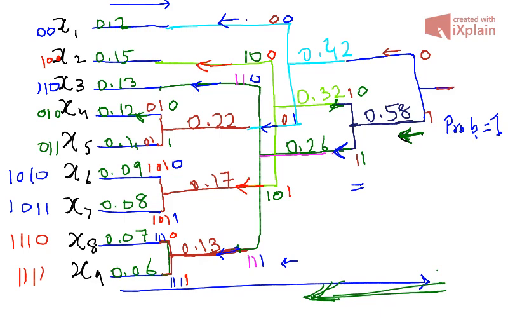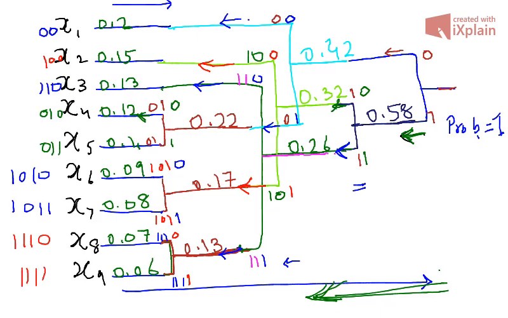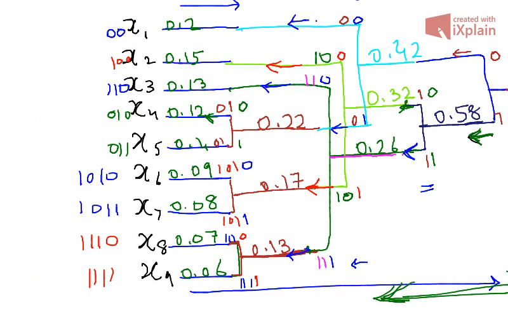Let me bring it here a little bit so that I have some space. We have a code word now. If you observe, we have a code word for x1, which is the most frequently occurring alphabet, and it has a 2-bit code, 00. The next most frequently occurring alphabet is x2, and it has a 3-bit code, which is 100.